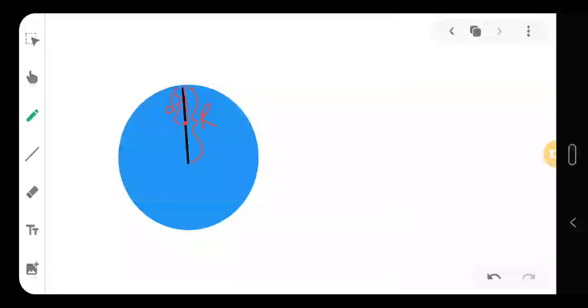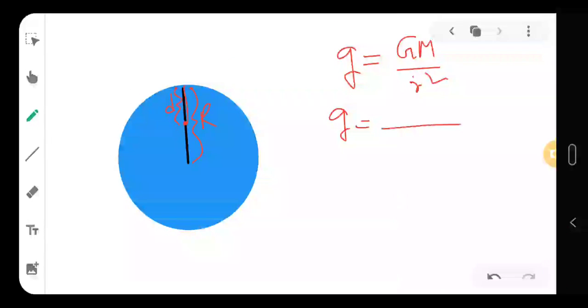So similarly I will write that formula Gm by r square, because that is my initial startup. I can write here Gm by, now this r will be the big R minus d, square, right? You can see from here only. Now here I cannot use this m. Why can I not use this m?